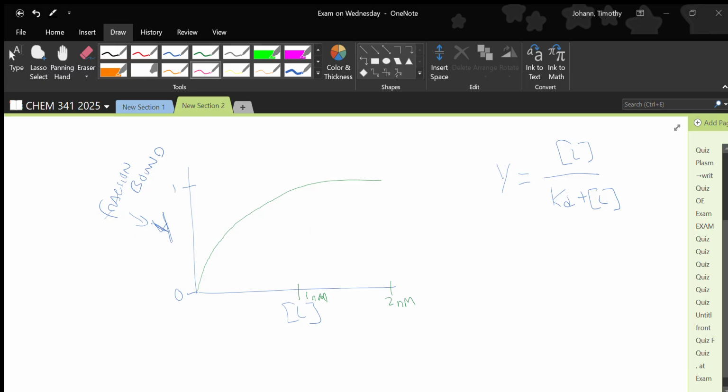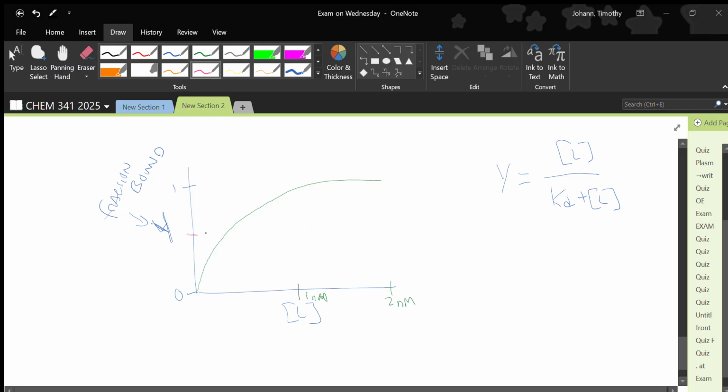Then what I could do is I could read at 50%. I read over, I hit my graph, I read down, and that to me looks like maybe it's 0.33 nanomolar. 0.25 maybe. Let's make it 0.3. Something like that.